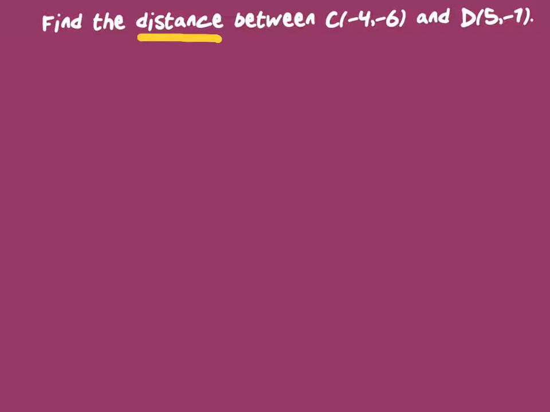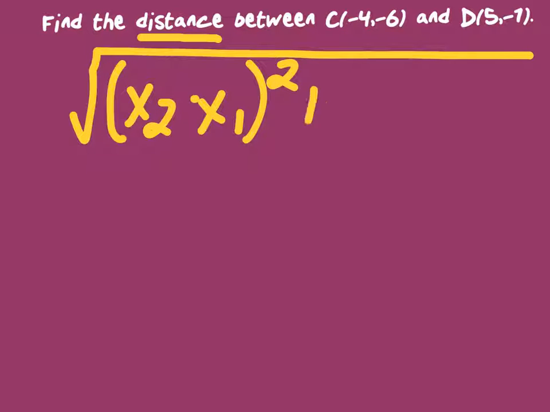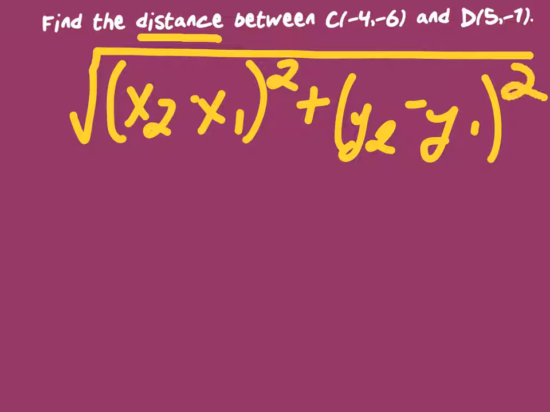To find the distance, the formula is the square root of x2 minus x1 squared plus y2 minus y1 squared.